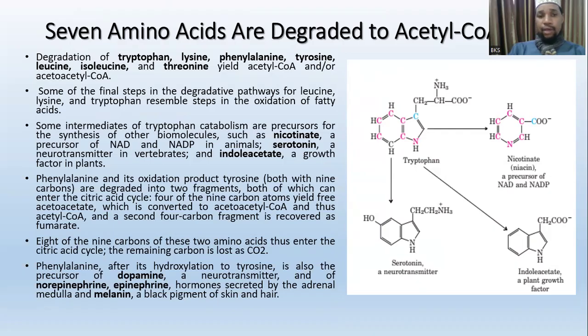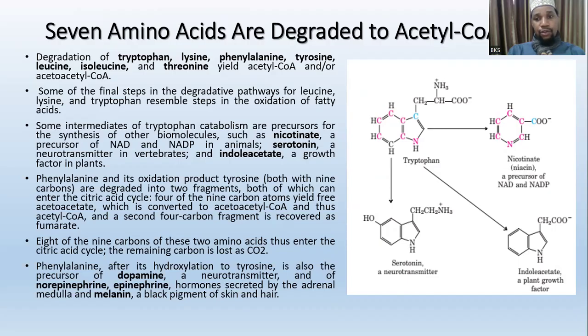Now, before we talk about formation of acetyl-CoA, we talked about nitrogen-containing compounds. For example, in the degradation of tryptophan, a portion of it will be converted to acetyl-CoA. But of course, tryptophan can also be degraded to form some compounds that are needed in the body, like nicotinate.